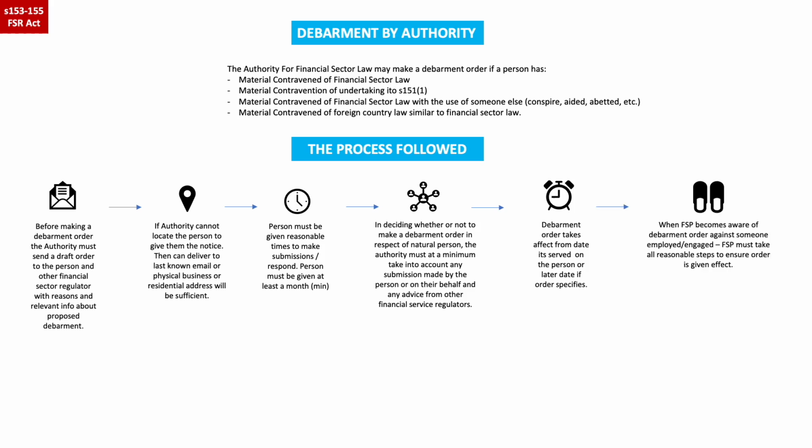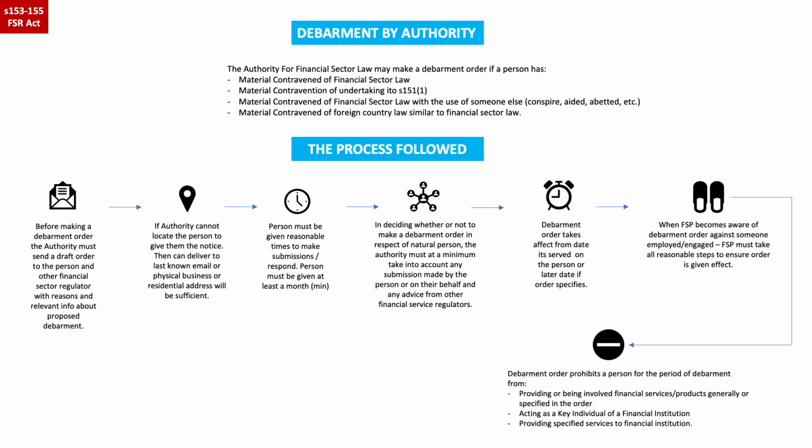When the FSP becomes aware of the debarment order against someone in its employment and/or engagement with them, then the FSP must take all reasonable steps to ensure the order is implemented or given effect.